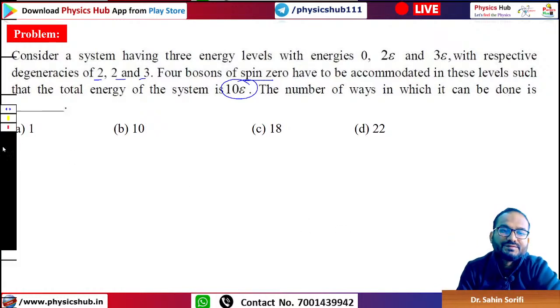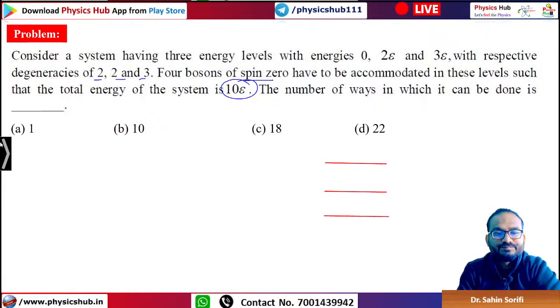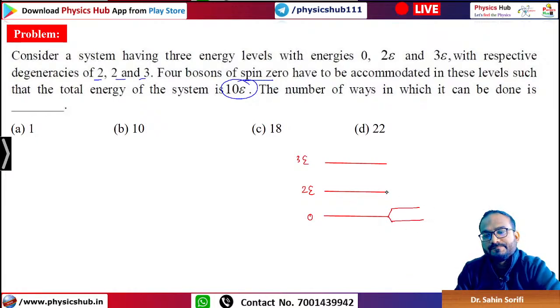3 energy levels you are given: one is 0, 2E, 3E. Degeneracies are 2, 2, 3.